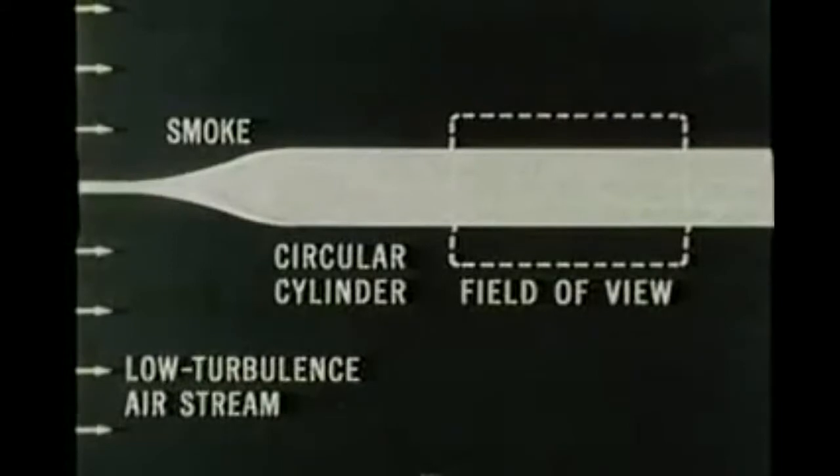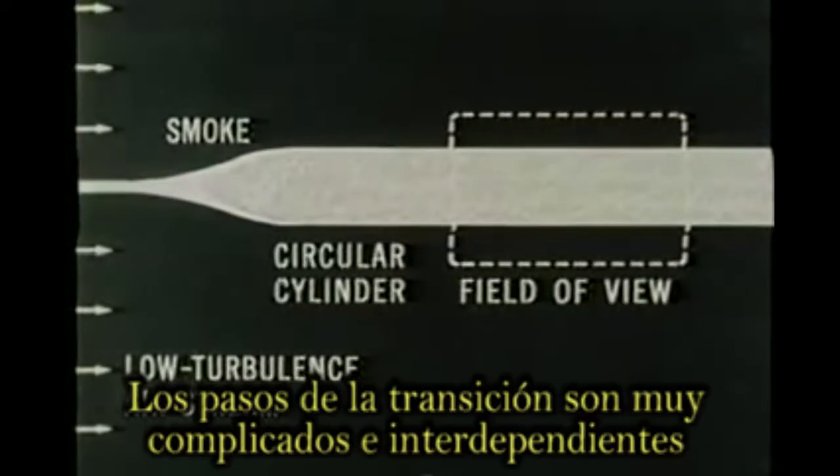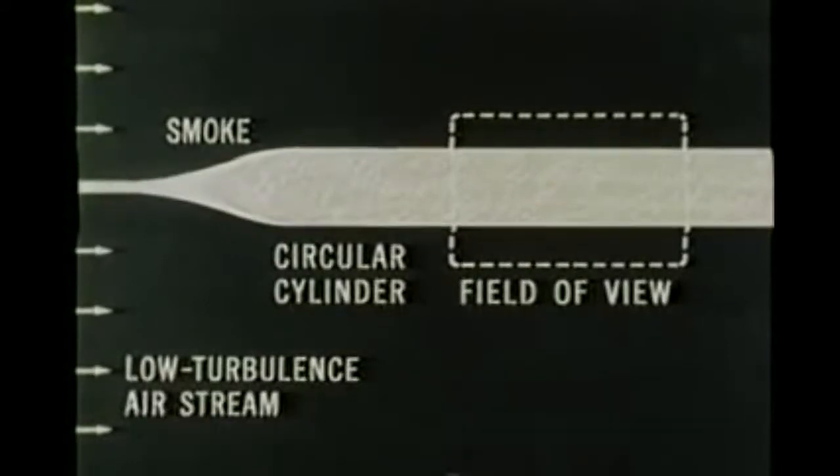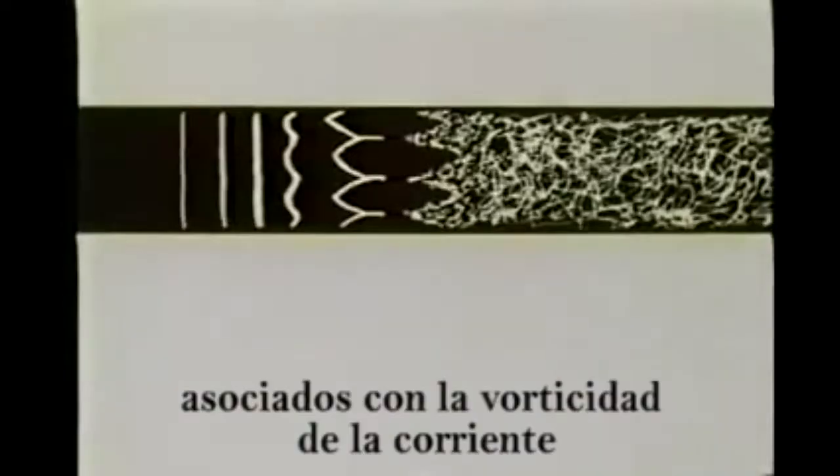A slight adverse pressure gradient causes transition to occur within the field of view. The steps in the transition are very complicated and interdependent. Of nearly two-dimensional waves, the Tollmien-Schlichting waves, followed by the appearance and growth of three-dimensional disturbances associated with streamwise vorticity.